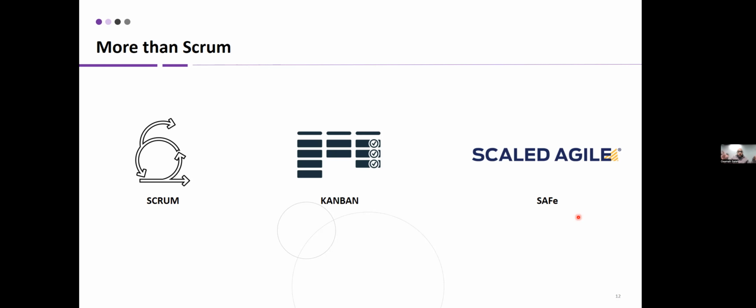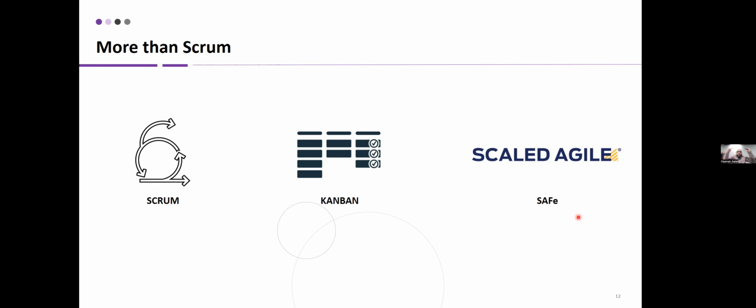How are we going to scale this? What if we want to have, at the portfolio level, 20, 30, 50 teams working across multiple products? How about at an organizational level? How do we bring this level of agility at an organizational level?